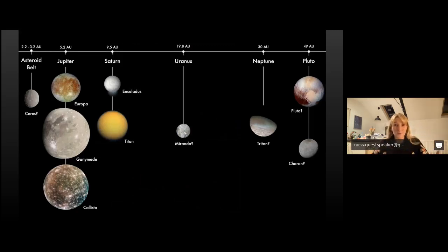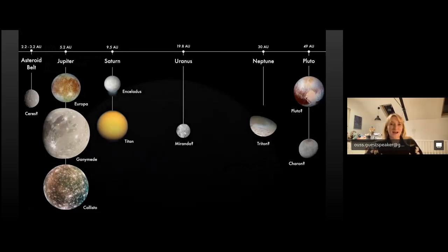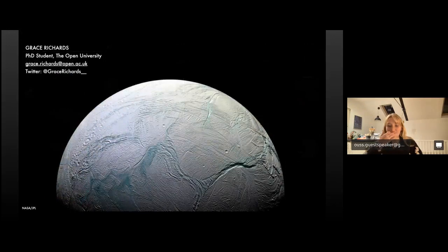There are all these moons and planetary bodies in our solar system which are really worth studying because they potentially have subsurface oceans where we could look for life. Hopefully you've had a good time looking at some beautiful space pictures and learning about the space missions. I'm going to leave that there and leave you with this image of Enceladus because it's my favourite. And I look forward to hearing any questions.